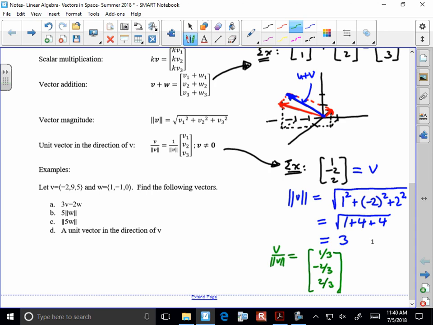I won't bore you with the details here, but if you were to find the magnitude of this, it would be equal to 1. Actually, it's not really difficult: square each of these components. 1/9, 4/9, 4/9. So 9/9, 1, square root of 1 is 1. If you want to do it out by hand, those are the details I won't bore you with. All right, so not too bad.